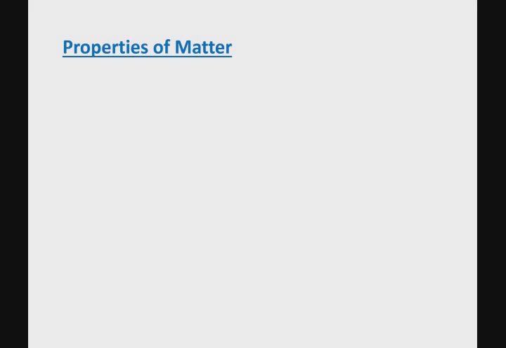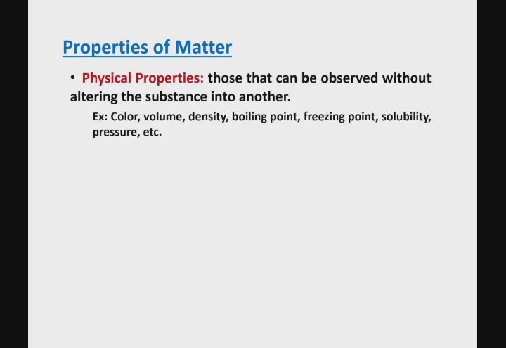Properties of matter can be categorized as either physical properties or chemical properties. Physical properties of matter are those properties that can be observed without changing the chemical makeup of that substance, without converting that substance into something else.